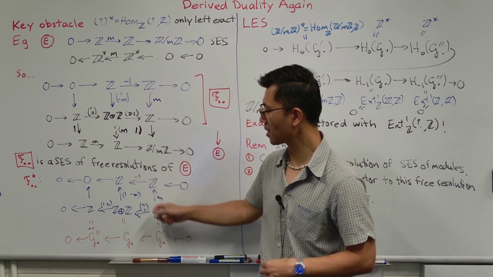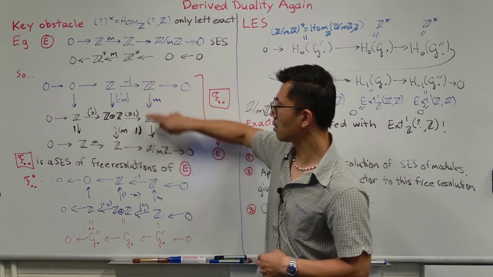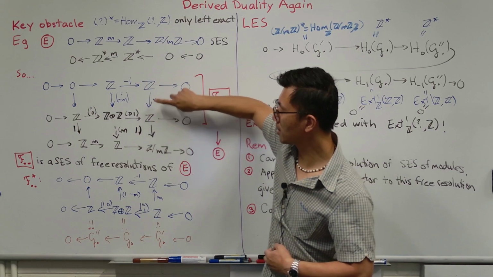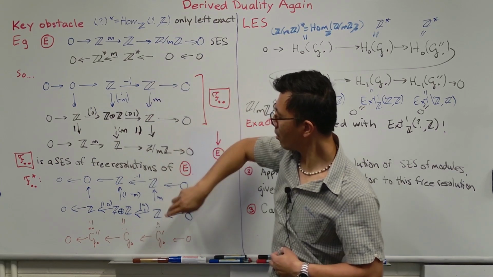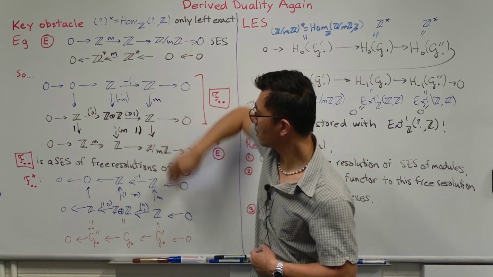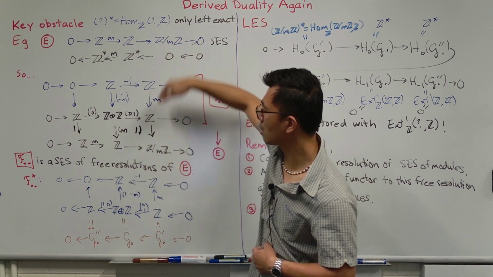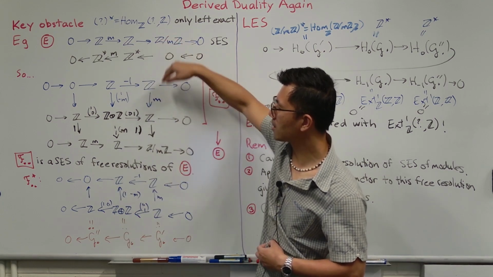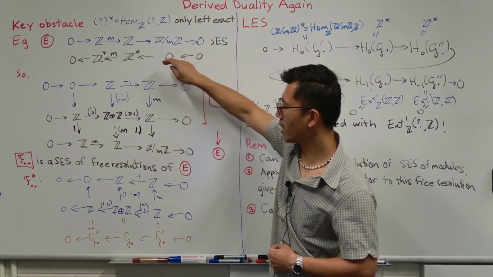So let's just take this example. So here, this is the dual of this. So basically what you want to do is take the kernel of the dual of this map. But here, remember, if you put zeros at the end, you'll get a short exact sequence. This is a free resolution, so you get a short exact sequence. So when you dualize this, remember, the dual is left exact.